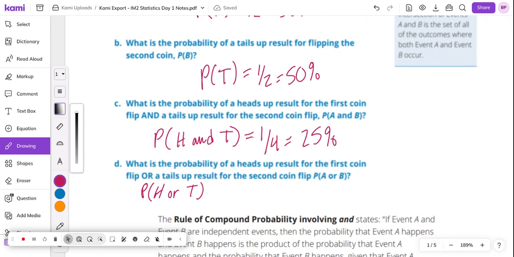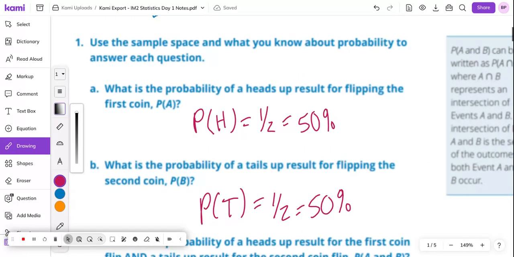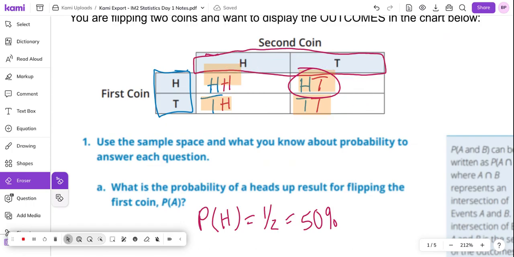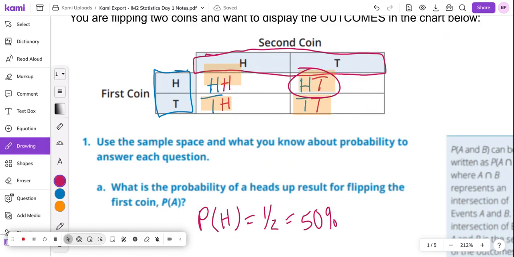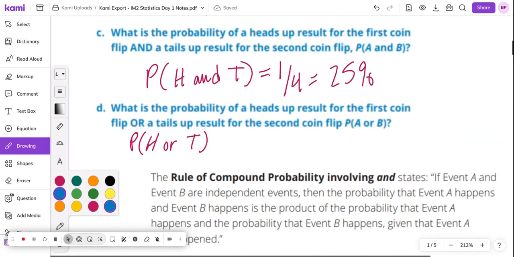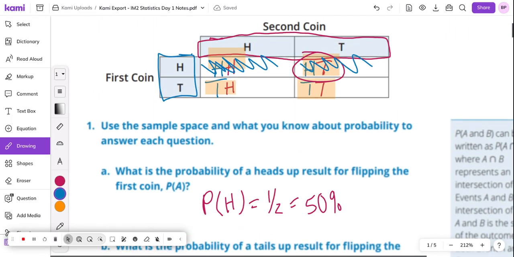So probability of a heads up result for the first coin, well, let's see. A probability of a heads up for the first coin happens in a couple of different places. We'll go blue. So heads up on the first coin, that's this box and this box. That takes care of 2 possibilities. Now, what also is considered a success here is if there is a tails on the second flip.